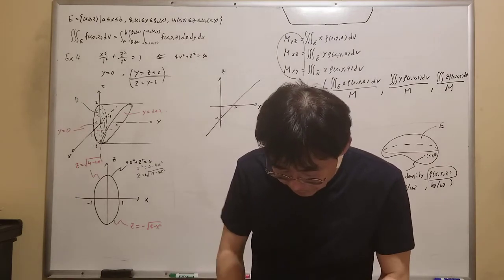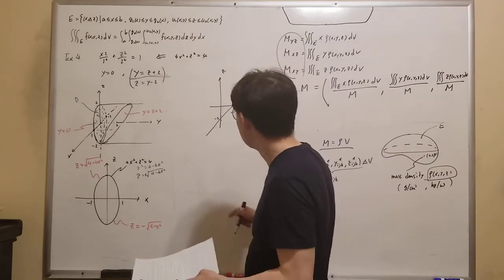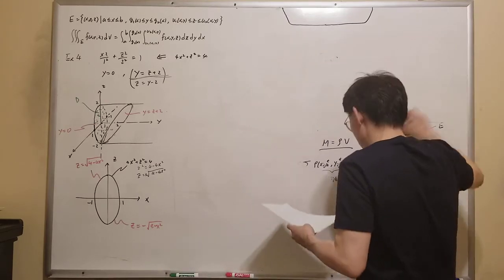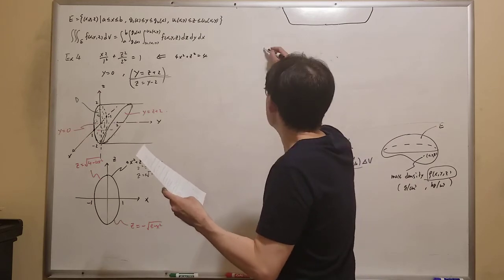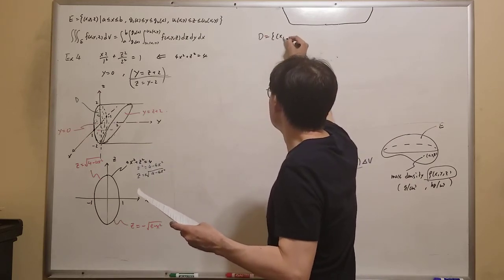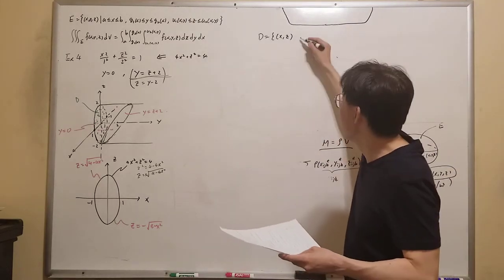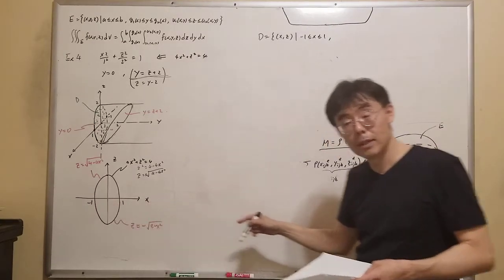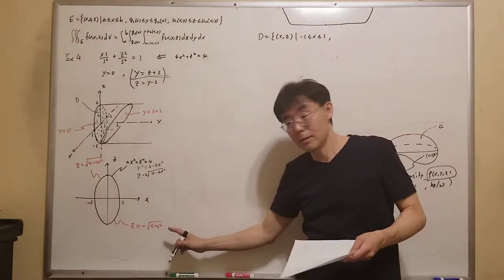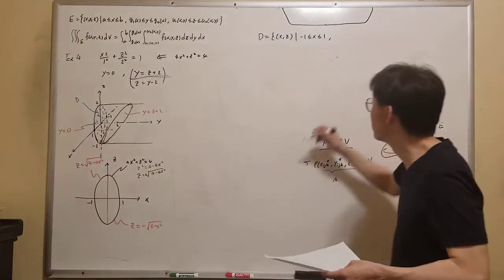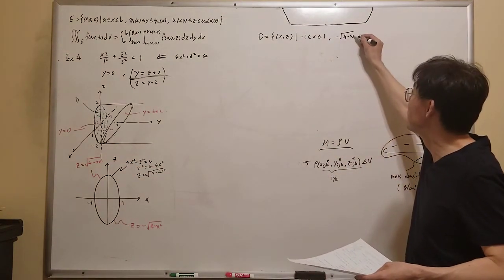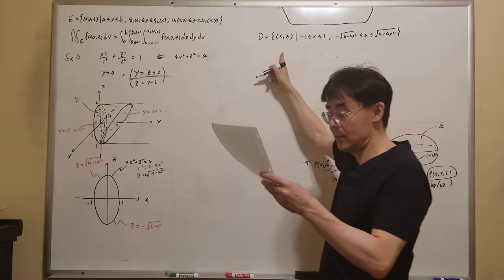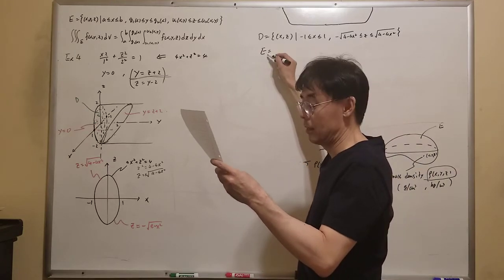Okay? So you can write D is on the xz plane, x runs from -1 to 1, and z runs from the negative of this one to the positive of that one. For that xz, is it type 3?